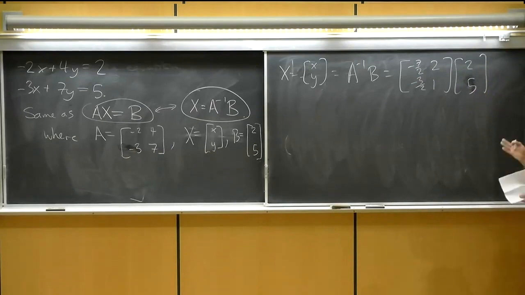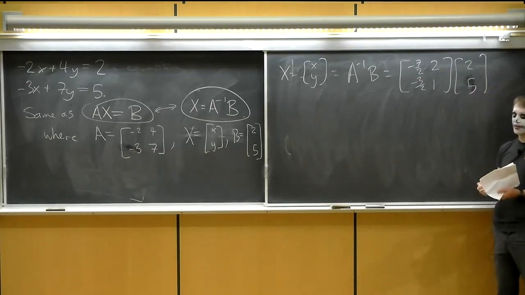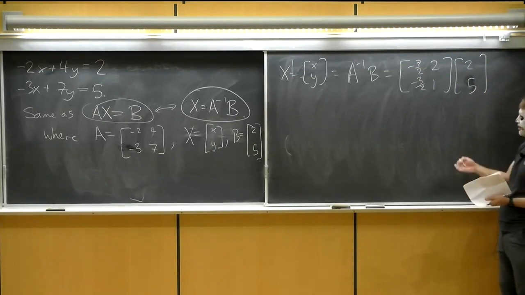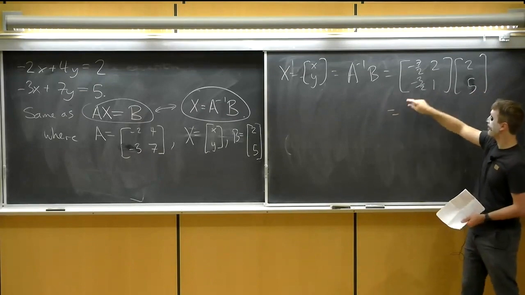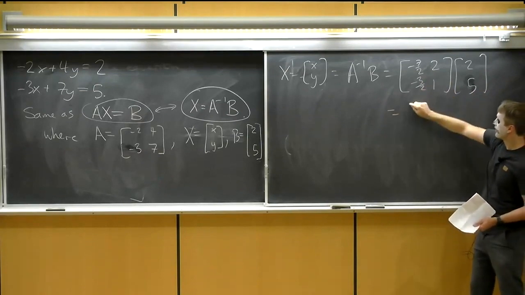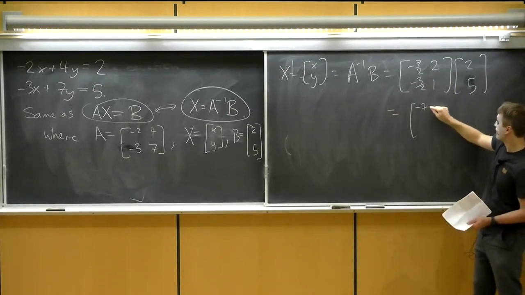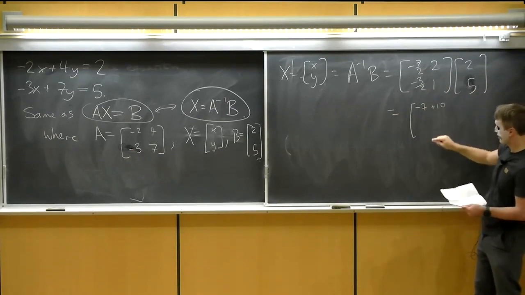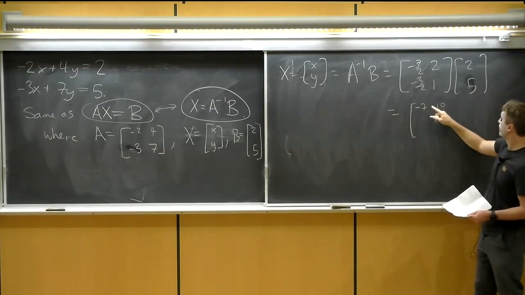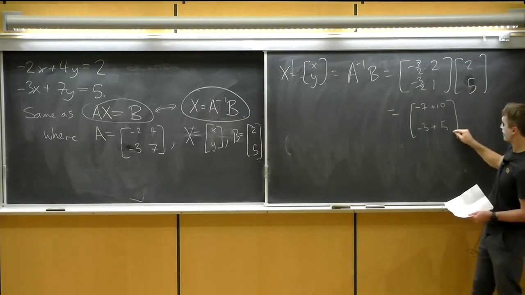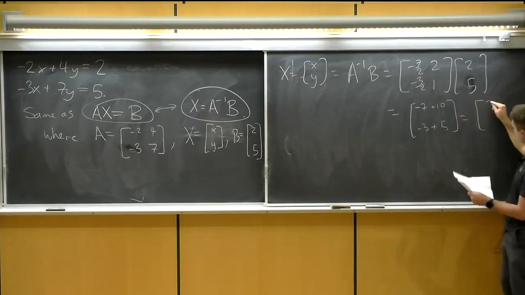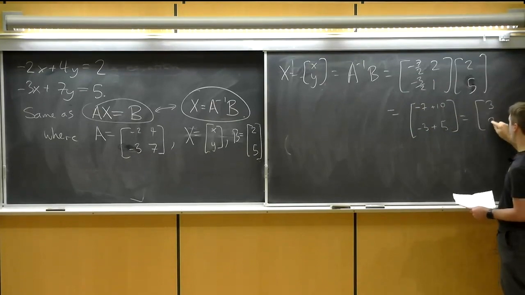And so I don't need to do any Gauss-Jordan elimination here. If I know what the inverse is, I can just do this simple multiplication, which will give me -7 plus 10, -3 plus 5, which ends up as 3, 2, right?